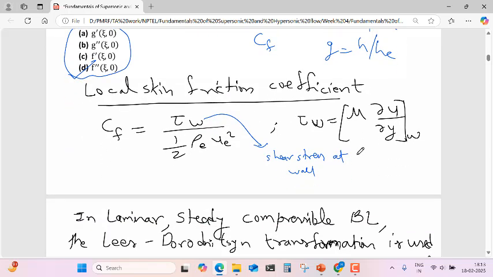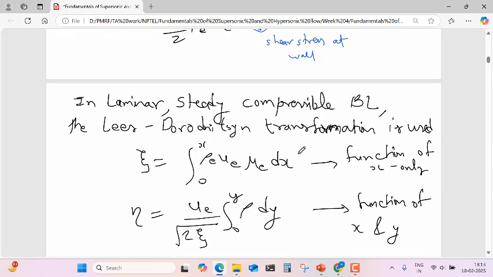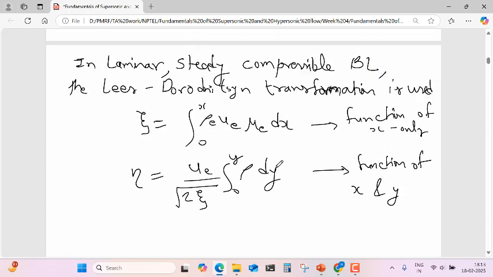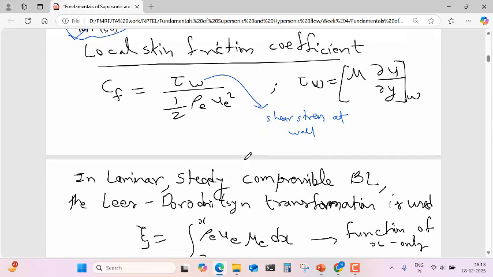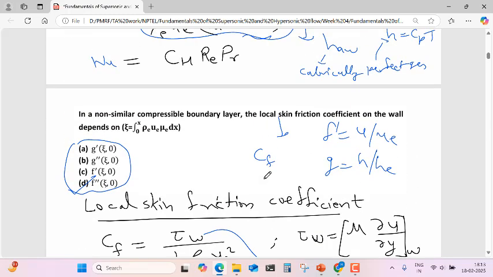Now first we will see, for a laminar steady compressible boundary layer, what is the Lees-Dorodnitsyn density transformation. Only using that transformation we convert the x-y coordinate to xi, eta.